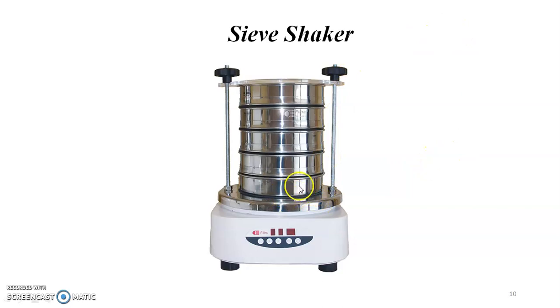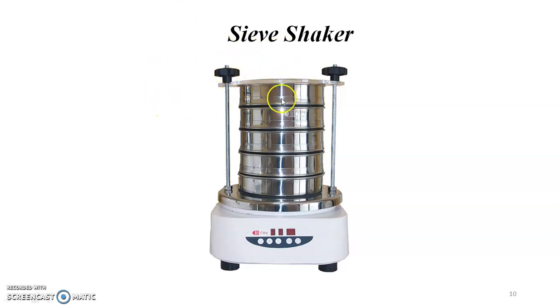The bottom sieve has a very high sieve number, which delivers particles of lesser particle size. Above that, each sieve has a lesser sieve number, and the topmost has the lowest sieve number.